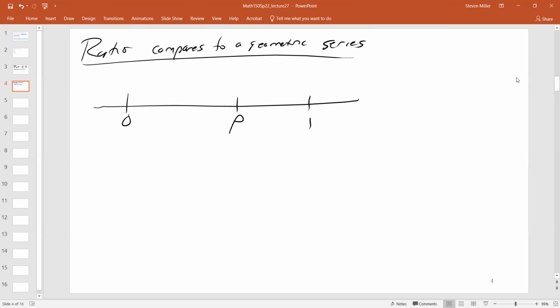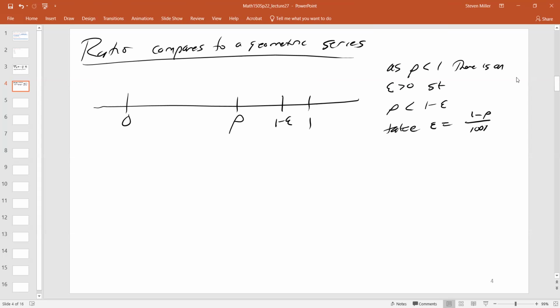So here's rho. And here, because rho is less than 1, there is an epsilon greater than 0, such that rho is less than 1 minus epsilon. Because rho is less than 1, it's got to be some distance away from 1. I could take epsilon to be, say, (1 minus rho) over 1,000.